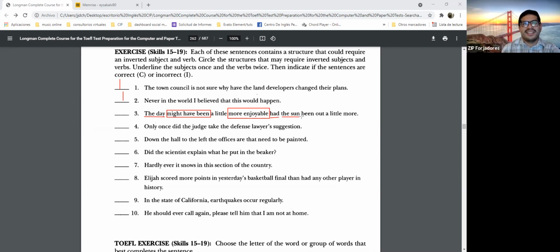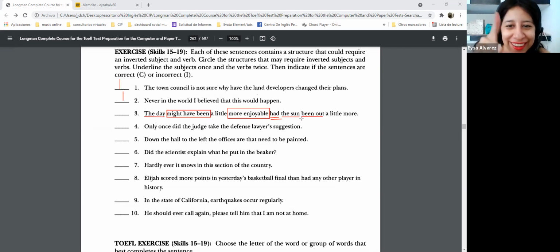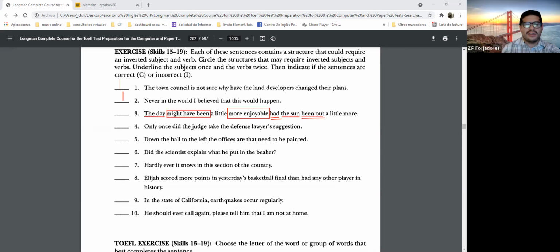Complete the action. That's right, it's correct, because we had first the auxiliary and then the action. Very good. Excellent.